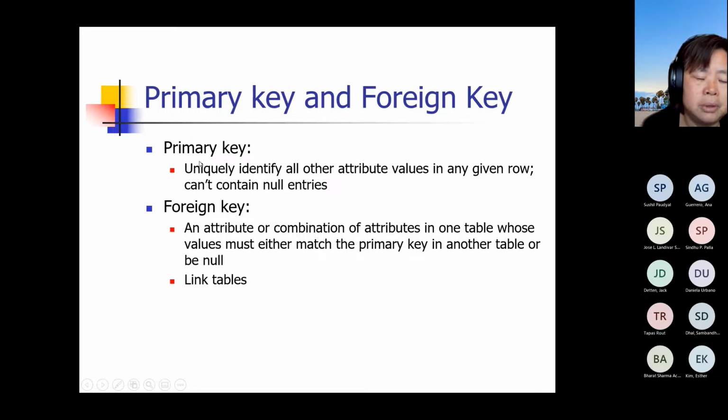And one thing, the foreign key differs from the primary key: if one attribute is specified as the primary key, you cannot have no value. That means you must have the value before you put it into the data table. But if this is a foreign key, it's fine. When you enter the data, you may not have the value. You can add it later. Okay.